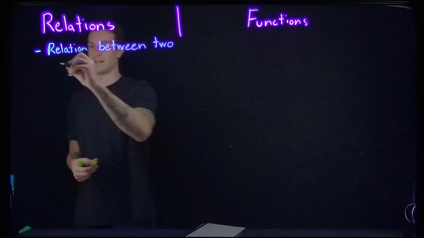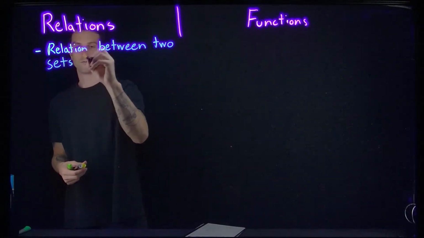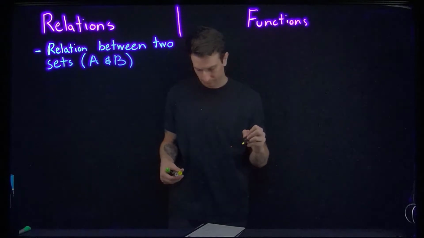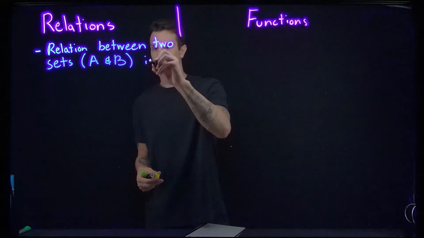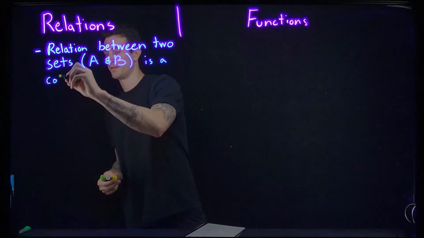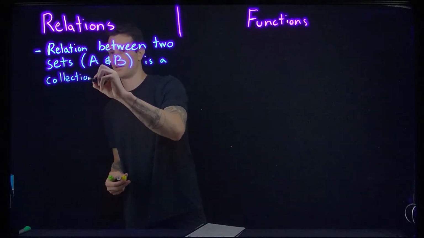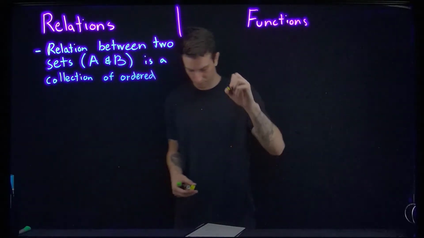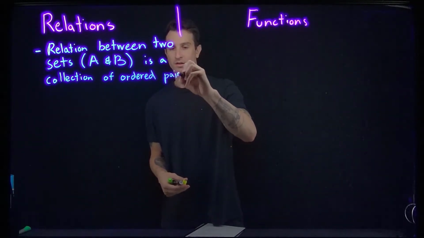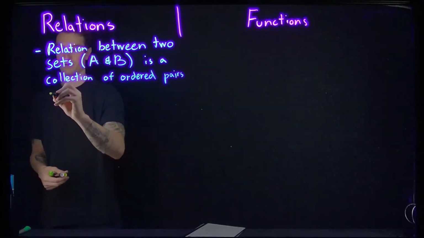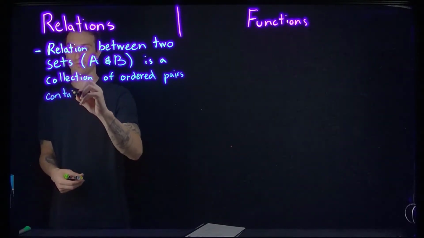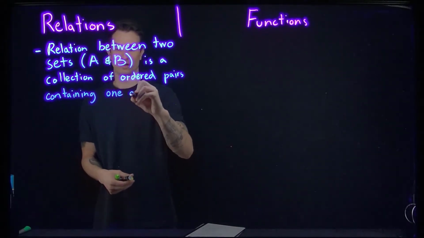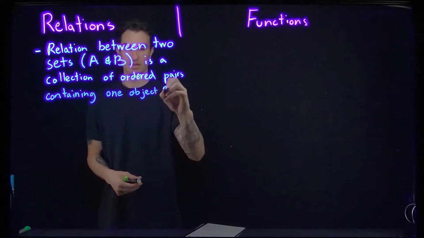We're going to say these sets are A and B. And B is a collection of ordered pairs containing one object from each. And this definition will make more sense as we go through examples.